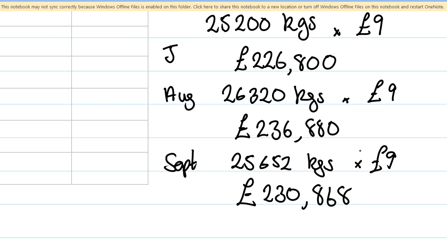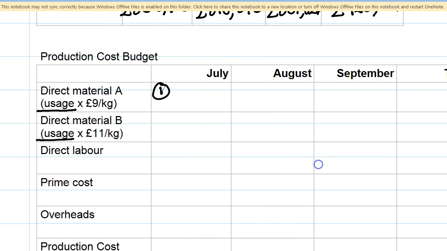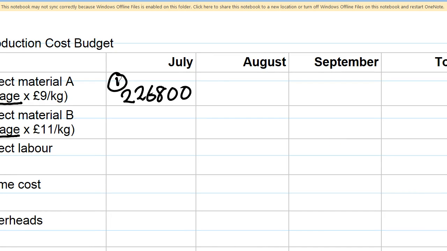In our production budget, we actually calculate the cost of the materials we used for production. So we can put these figures in. You will have workings for all of these figures, for material A and material B. So we're going to put in our calculations that we've just worked out.